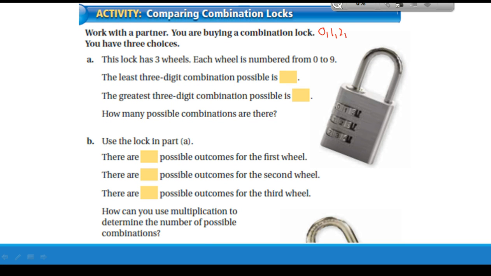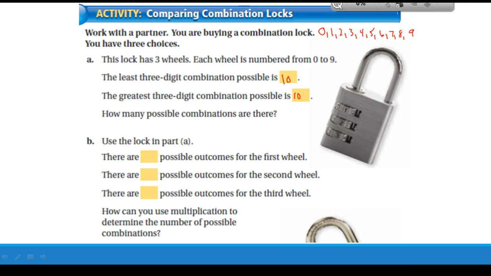It's 0, 1, 2, 3, 4, 5, 6, 7, 8, 9, and that's 1, 2, 3, 4, 5, 6, 7, 8, 9, 10. And there's 3 wheels. So in the first wheel, there's 10 choices, and in the second wheel, there's 10 choices.